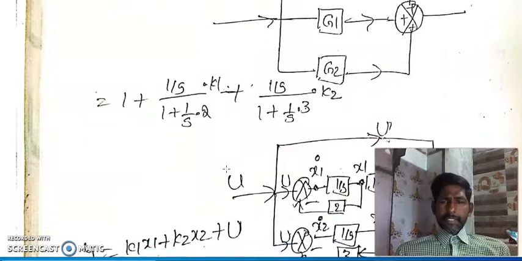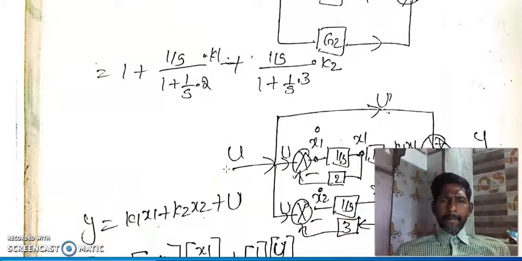To represent in the state model, it will be like this. This part can be represented as x1 dot, integral of x1 dot equal to x1, and here minus 2x1.